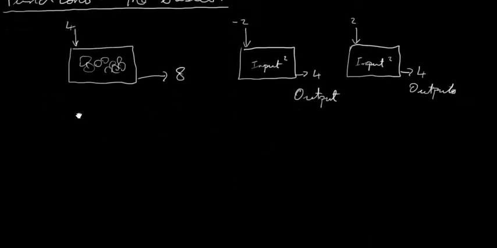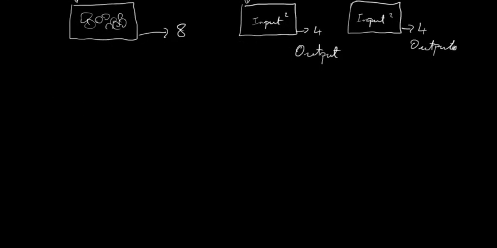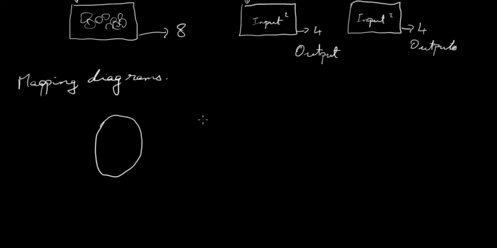Now, let's just look at ways of representing functions. One way we can represent them is using what are called mapping diagrams. So, for example, let's say you have your input and you have your output. These will be our inputs, and this will be our output here.